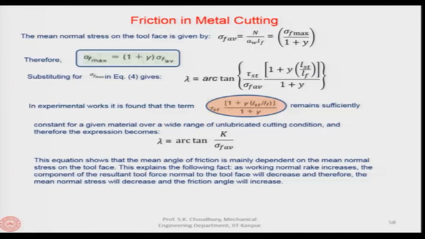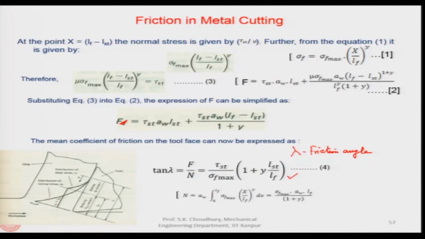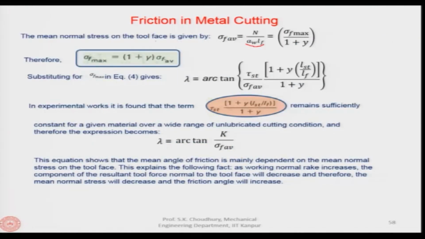Okay. Now, the mean normal stress on the tool face is given by this normal force if you are distributing along the chip tool contact length and multiplying by the AW, so that we can get the area. Okay. So, length into the width. Now, what we are saying is that we have the normal stress here, all right, and we are getting the average value of the normal stress. Average value of the normal stress, then we will get it by dividing the normal force, and this is distributed along the chip tool contact length.